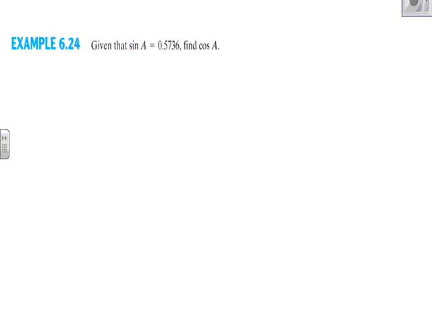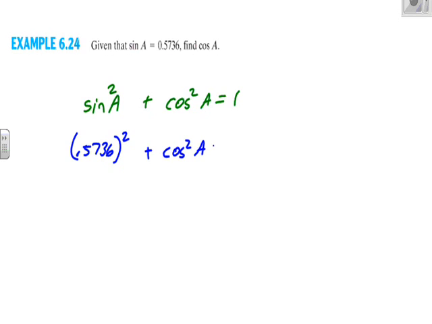So we can also use those theorems to figure out cosine if you know sine, because sine squared plus cosine squared equals 1. If sine is 0.5736, we just need to square it and subtract it from 1 to determine what cosine squared equals.